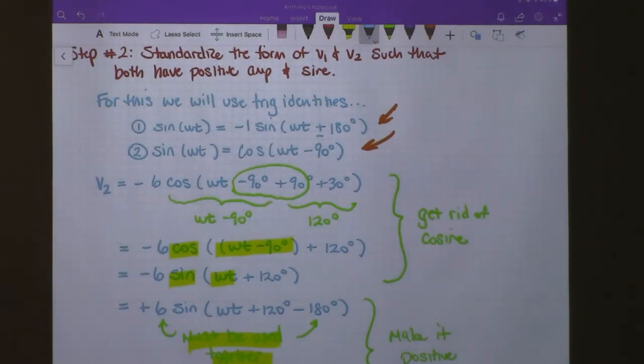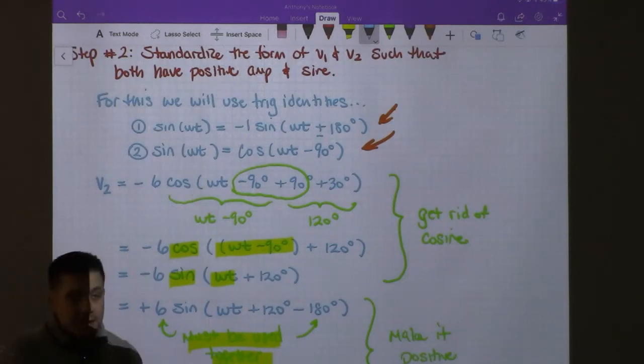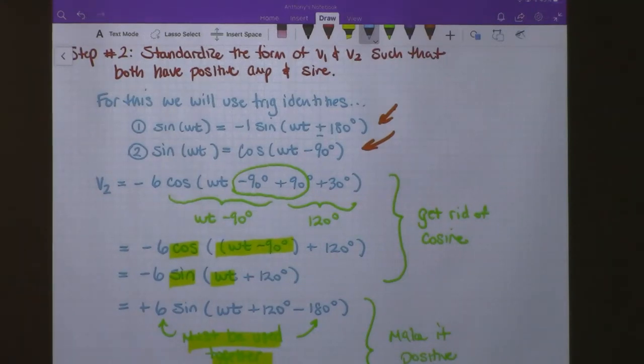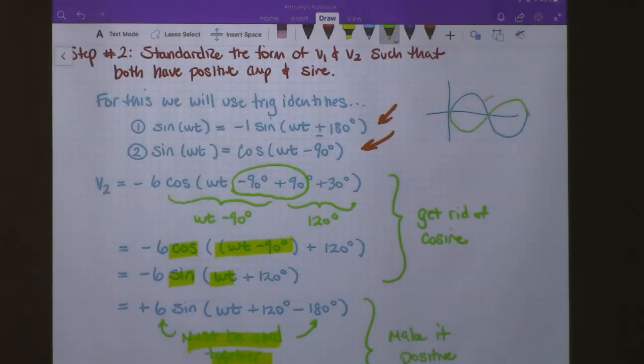Actually, plus or minus 180 degrees. And that makes sense because if you think about it, if I were to draw a waveform, and then draw it upside down, that's the exact same thing as taking that and pushing it 180 degrees to the right. They would line up with one another.